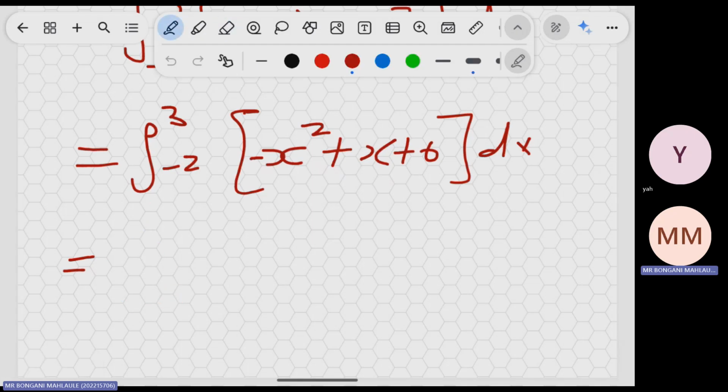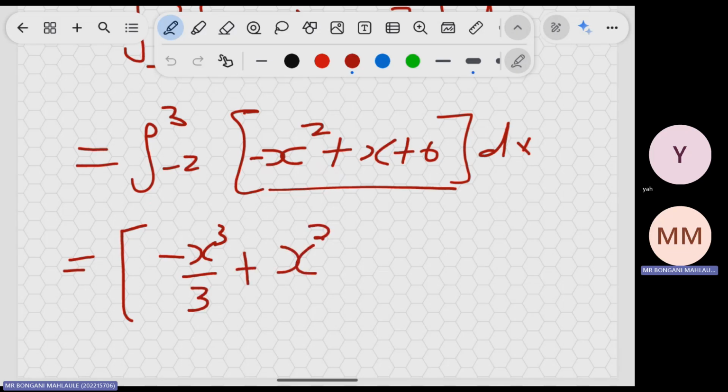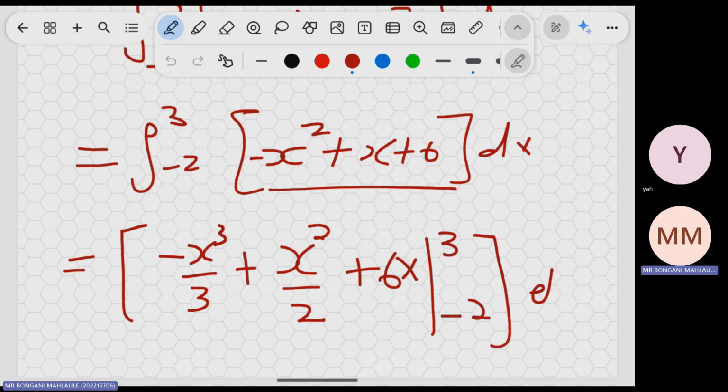Now you'll have to integrate everything there. If you integrate, you're going to get negative x cubed over 3 plus x squared over 2 plus 6x. I hope you know how to integrate. And then you put your limits there.